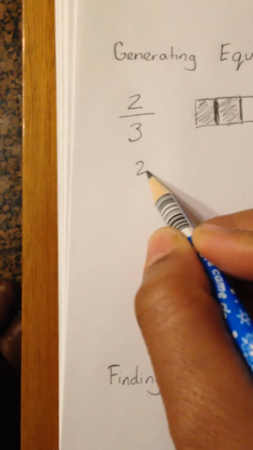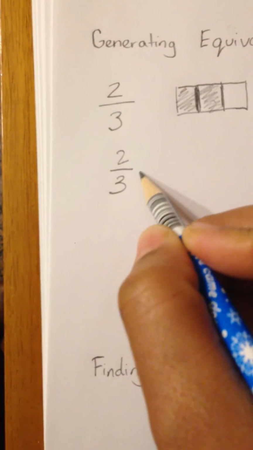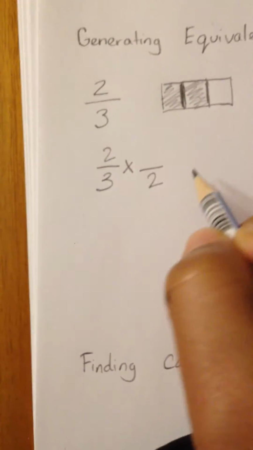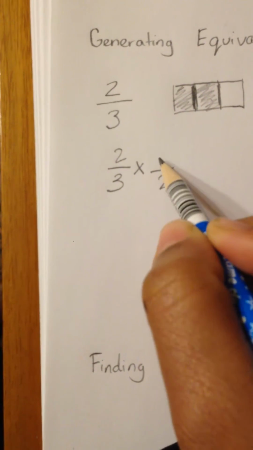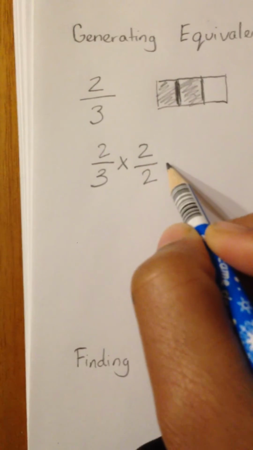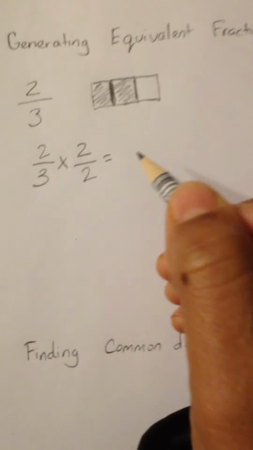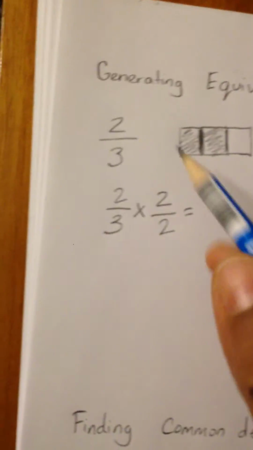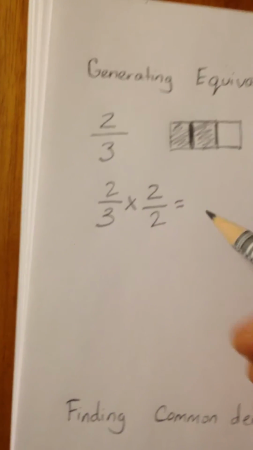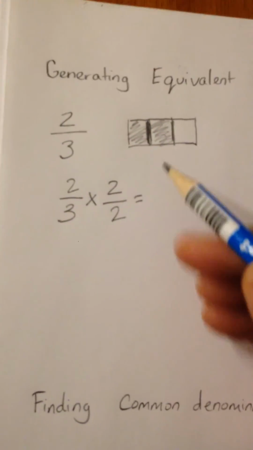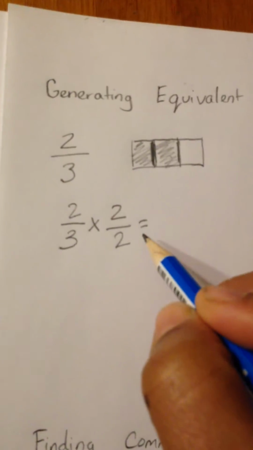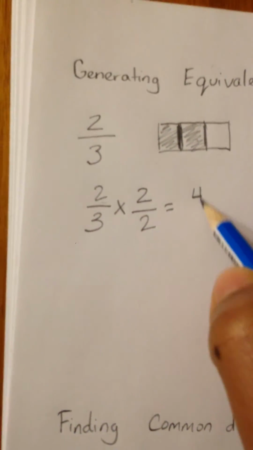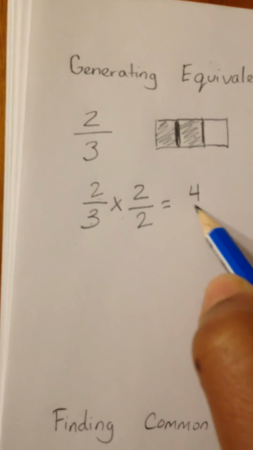So let's suppose I decided to multiply by 2. So I multiply my denominator by 2, and I multiply my numerator by 2. That means that the new fraction equivalent to 2/3 that I am generating will be 2 times 2 is 4, 3 times 2 is 6.